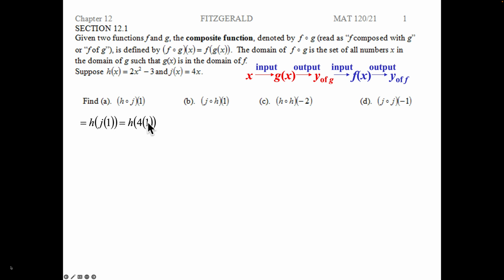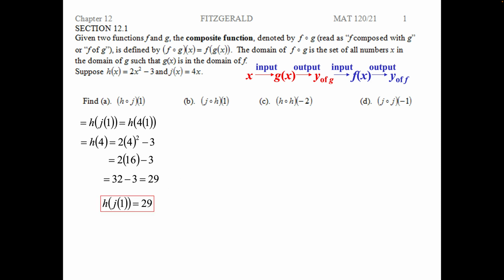So 4 times 1 is 4. And now 4 goes into the h function. So now we take this 4, which again was the y coordinate of the j function. Now that 4 becomes the x coordinate of the h function. 4 squared is 16, times 2 is 32, minus 3 is 29. So h of j of 1 is equal to 29.